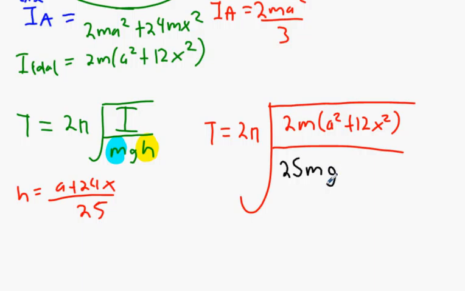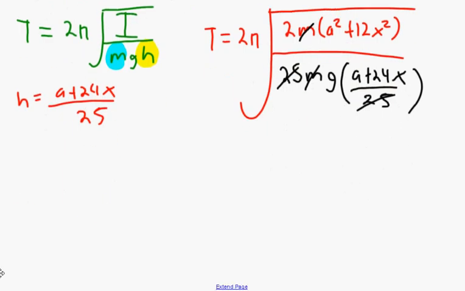Talking about your g there. And now our h value, a plus 24x all over 25. Lucky for us, those 25s will cancel, those m's will cancel, and we're going to be left with t equals 2 pi square root of, I'm going to multiply that in again.